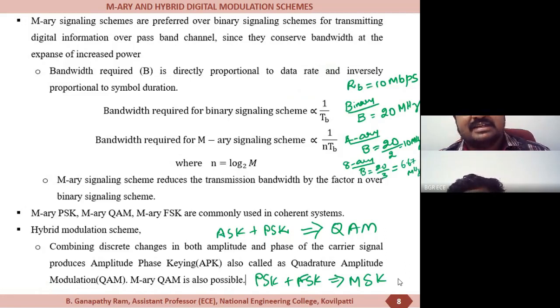That means in QAM, both the amplitude and phase of the carrier signal are varied in accordance with the digital baseband information signal. Similarly, in minimum shift keying, the phase as well as the frequency of the carrier signal is switched with respect to the digital baseband information.